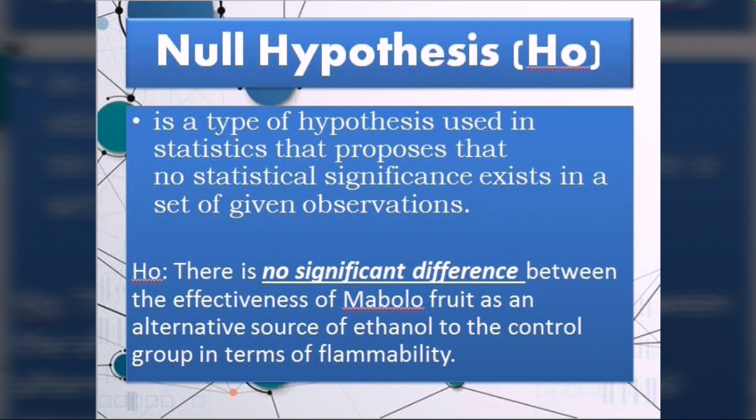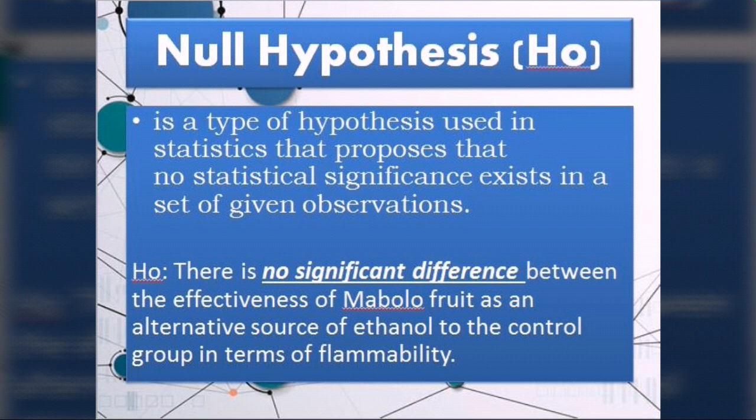There is no statistical significance exists. The null hypothesis attempts to show that no variation exists between variables or that a single variable is no different than its mean. It is presumed to be true until statistical evidence nullifies it for an alternative hypothesis.